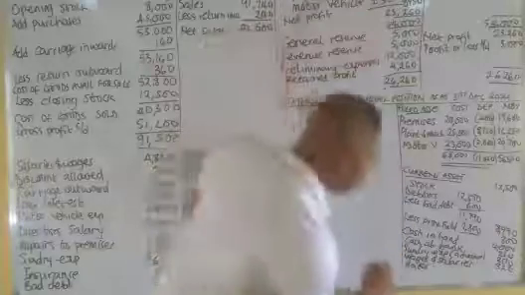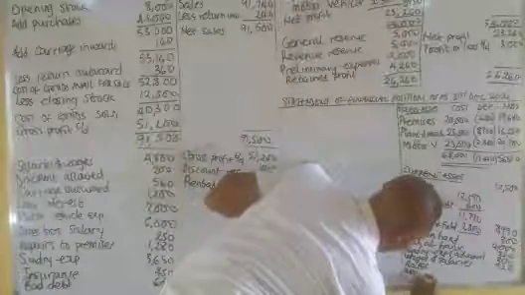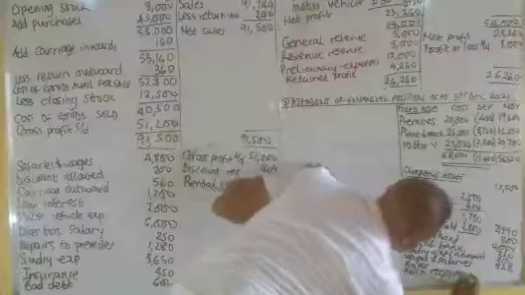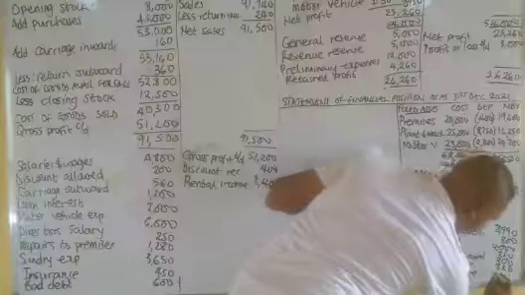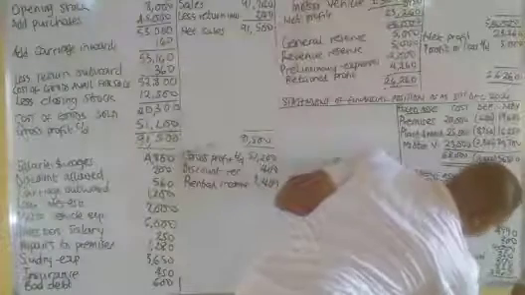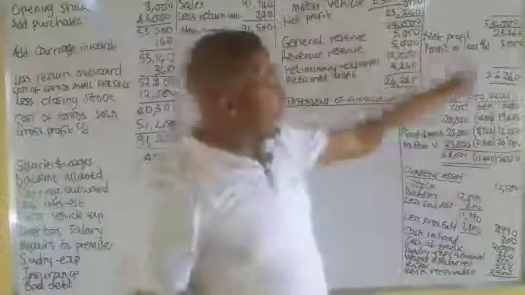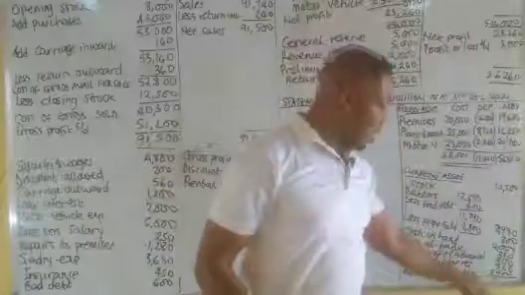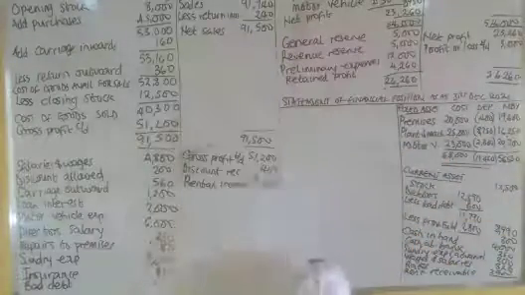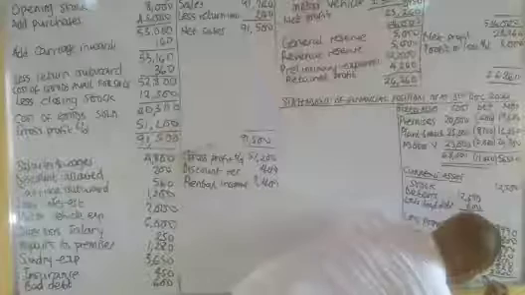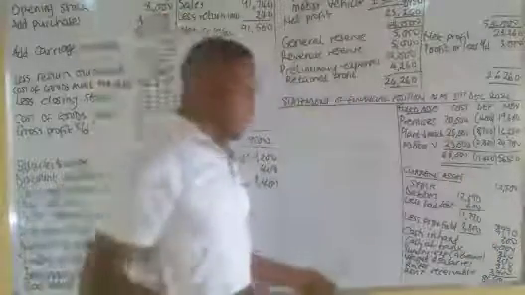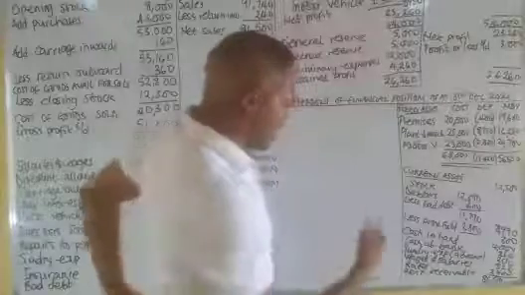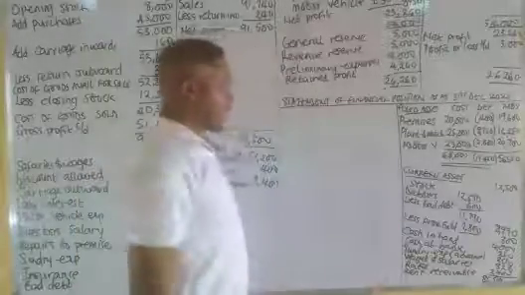The last part is the rental income, that's rent receivable, which is 24. So if you add up everything from the net book value down, the total is giving us 85,510, in case you can't see that.